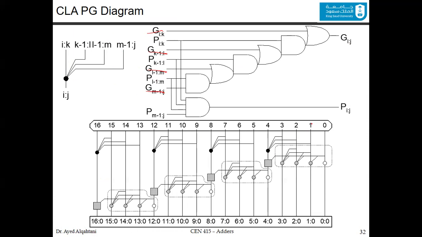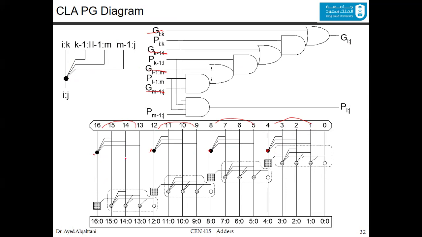Now, we said the grouping is from 1 to 4, from 5 to 8, from 9 to 12, and from 13 to 16. And we do this for the carry look-ahead addition. So the carry look-ahead addition here, and here, and here, and here can be done in parallel.